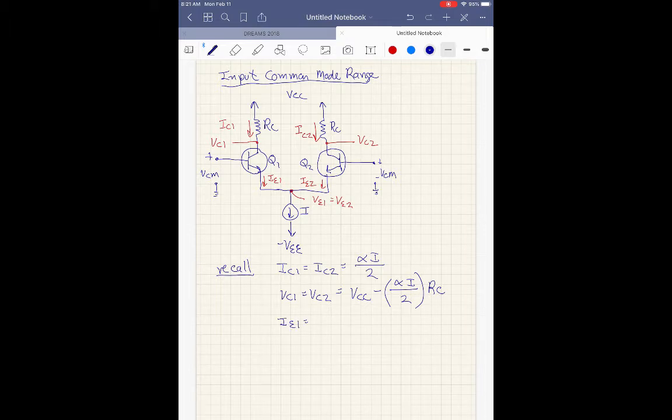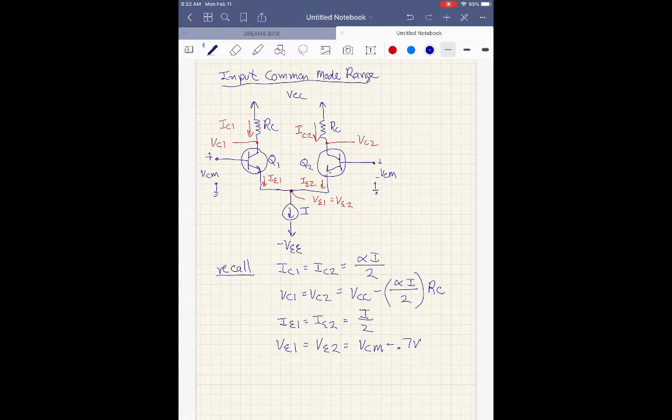And IE1 is equal to IE2, is equal to I over 2, again, as far as we're concerned, and VE1 is equal to VE2. Both of these are on and they're matched. VE1 is equal to VE2 is equal to VCM minus 0.7 volts if these are silicon diodes.